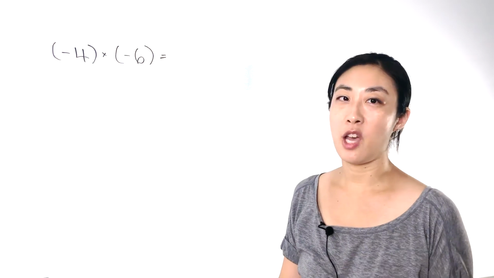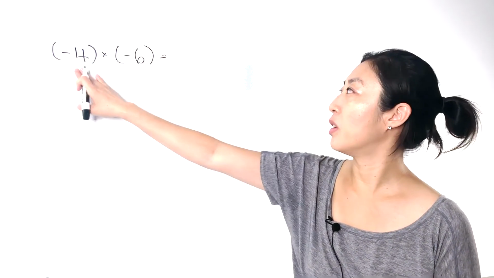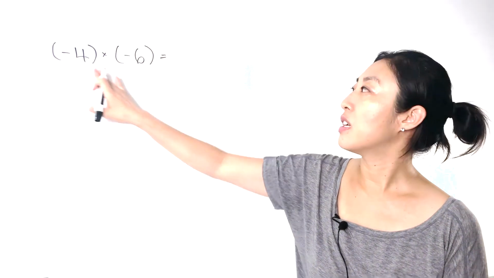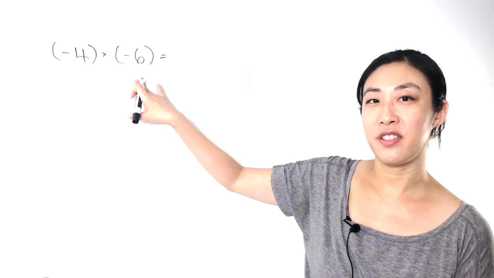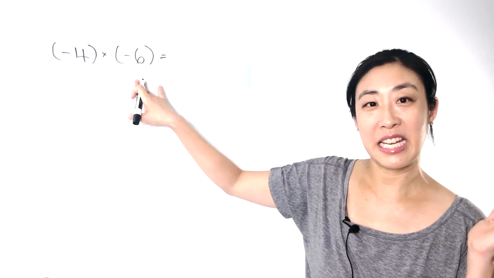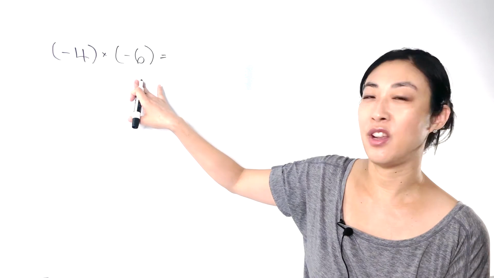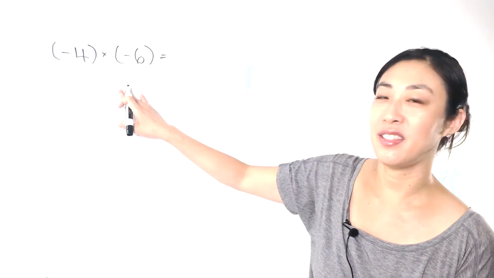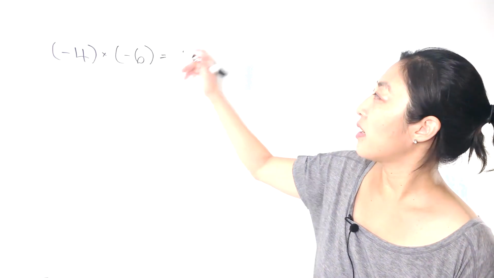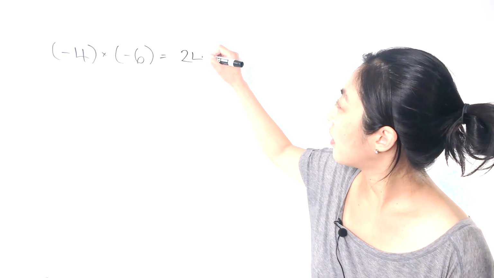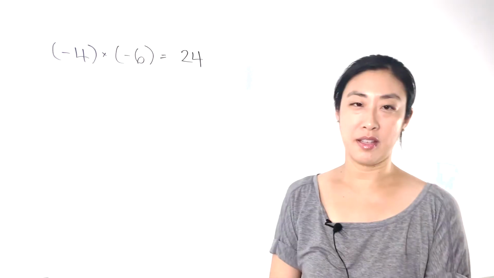Let's count how many negative numbers there are. There's 1, 2. Since there are 2 negative numbers, which means there's an even number of negative numbers, your answer is positive. So 4 times 6 is 24, and we keep it as a positive number.